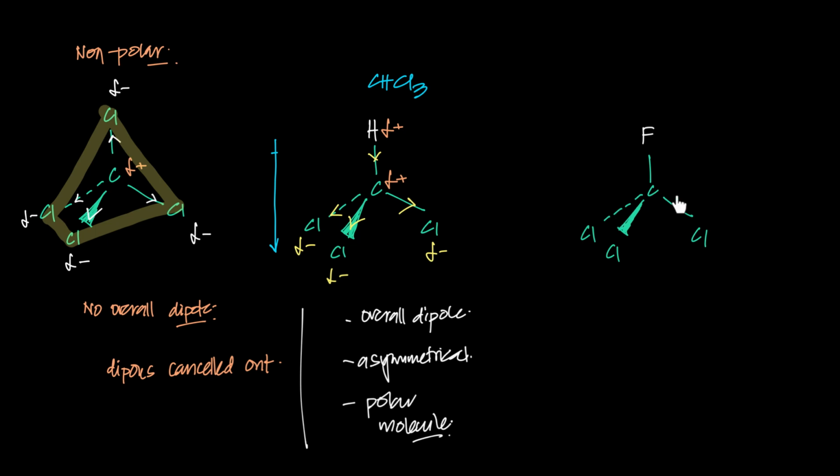As far as the overall molecule is concerned, which end is the most electronegative? In the earlier case, the bottom 3 were more electronegative than the top. Here, the top one is individually more electronegative than any of the 3 other corners.